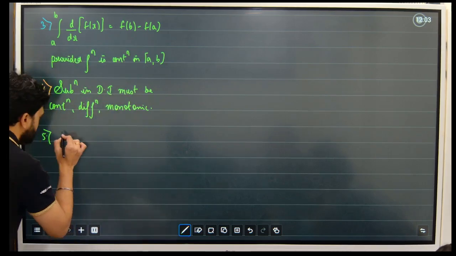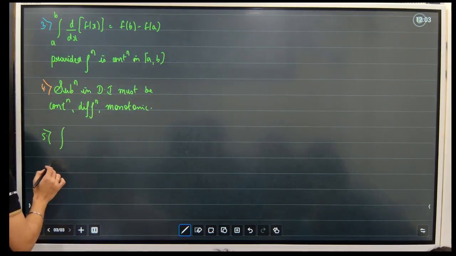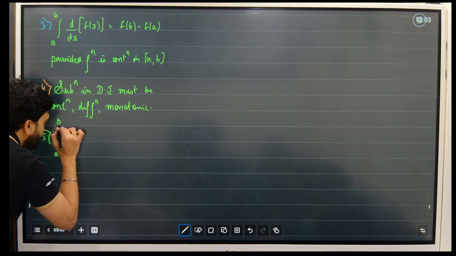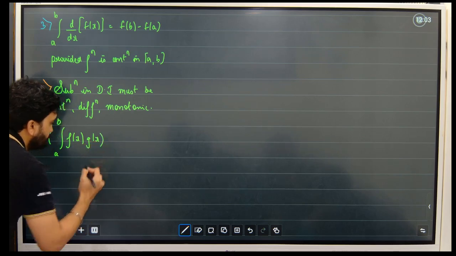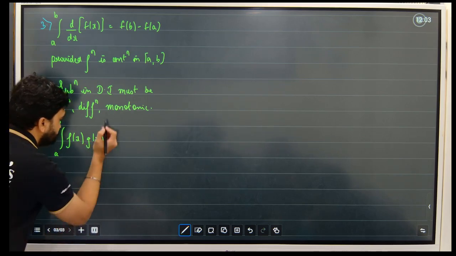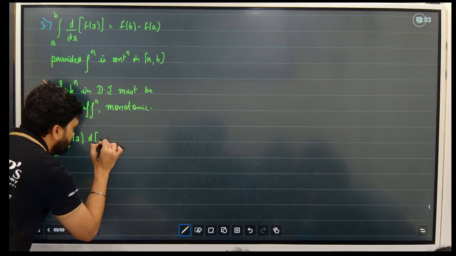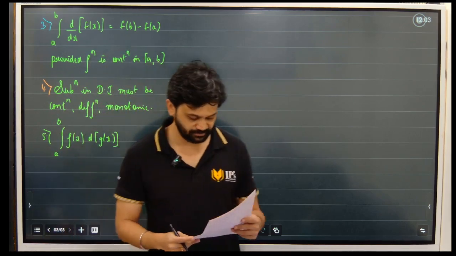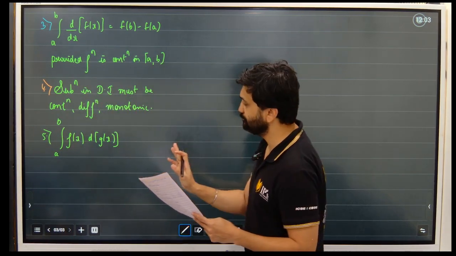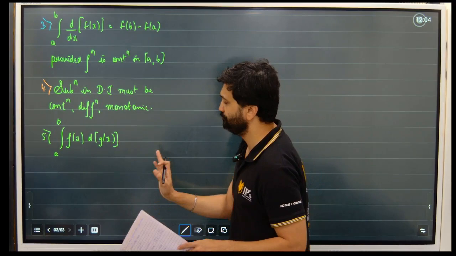Now if the question is given as the next point, integration a to b f of x g of x d of g of x is given to me. Now d of g of x is what?